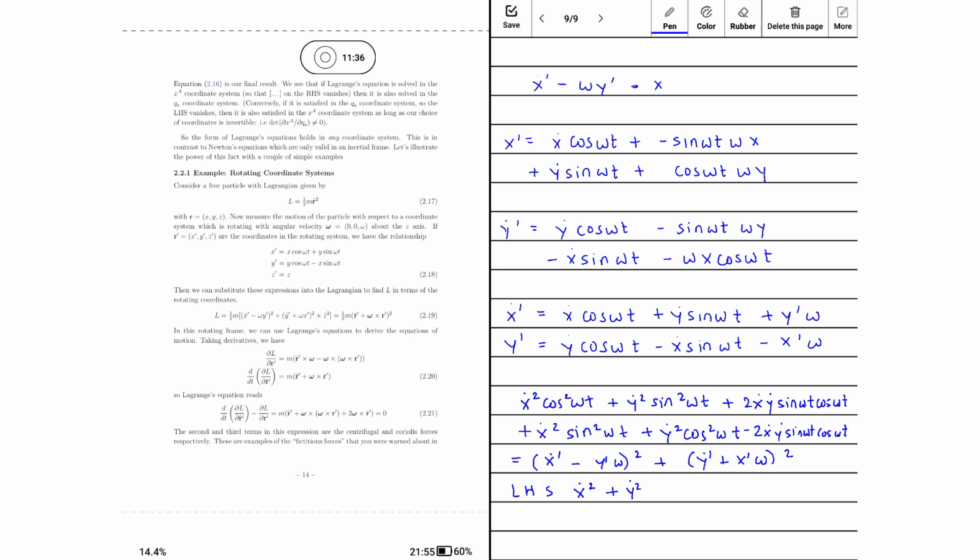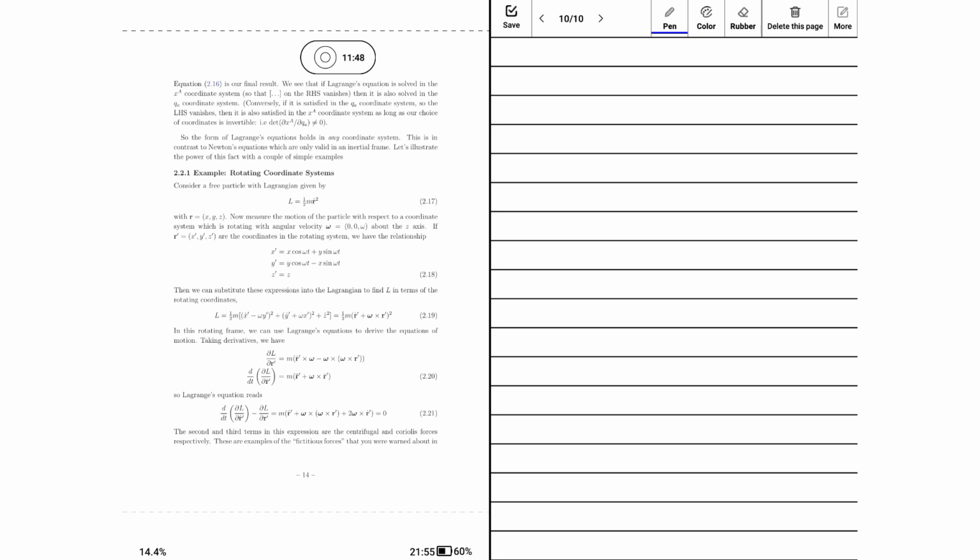So I don't know, did I miss some trick? Because this seems like a longish and non-trivial calculation. Nevertheless, I will just write down the Lagrangian. The Lagrangian is then, after doing all that calculation, m of x dash minus omega y dash square plus y dash plus omega x dash square plus z dash square. Now this is equal to half m of r dash dot plus omega cross r dash.